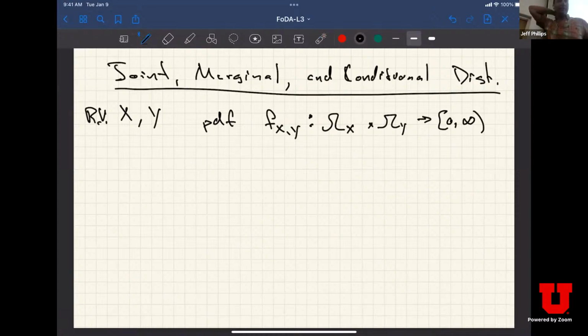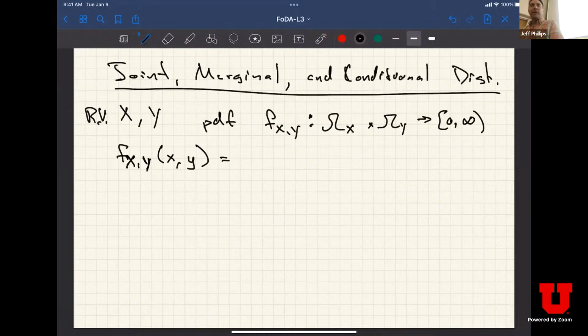Okay, so what this looks like is f of x comma y, and I'll take in two possible sample outcomes, and I'll write these as lowercase x and y, as well as uppercase X and Y. I'll try to write the size a little bit different, so hopefully the size will be different enough that you can tell.